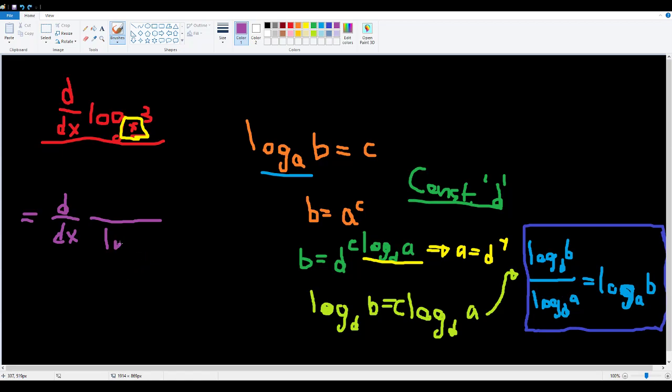I'm going to choose e for simplicity, so that's just going to be ln of x in this case, because x was our base. And then on top, we have the other one, so that's also going to be an ln, because our base is the same on both, so ln of 3.